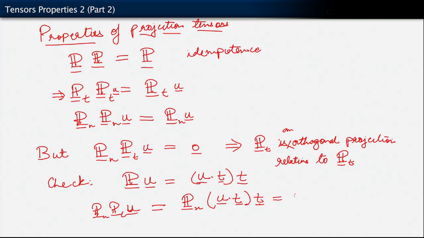So this is U dot T times P sub N acting on T.